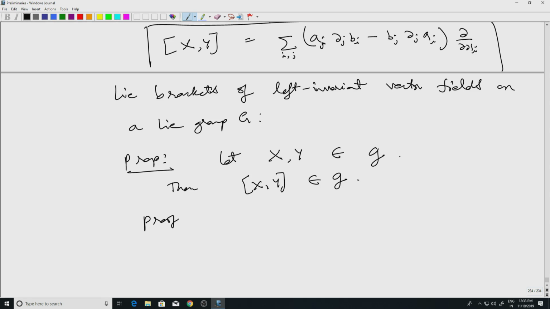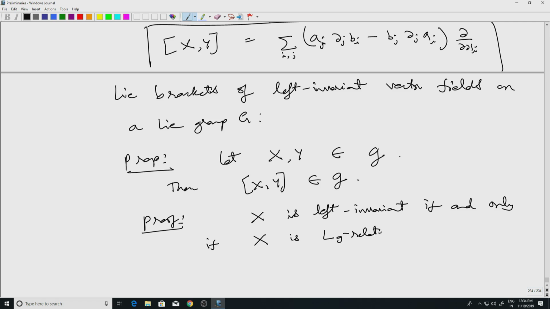And this follows immediately from the fact that the property of being F-related transfers over to Lie brackets as well. The main point here is that X is left invariant if and only if X is L_g related to itself, i.e.